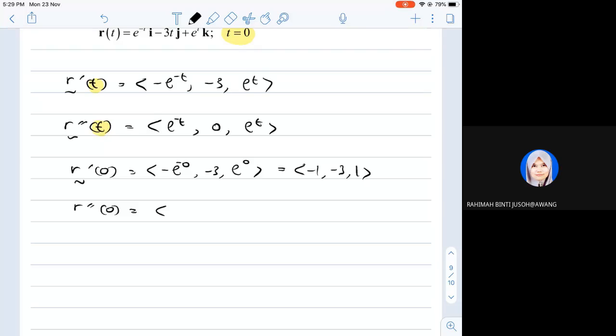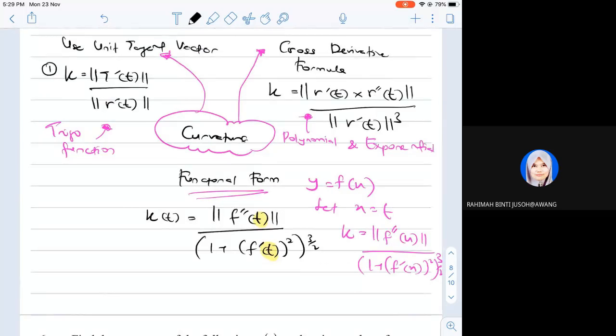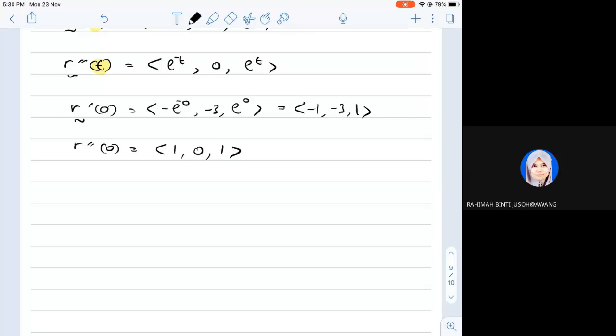We will have exponent negative 0 which is 1, 0, exponent 0 is 1. Now the second formula is this, r prime t cross r double prime t. So we need to find the cross product: r prime 0 cross r double prime 0.